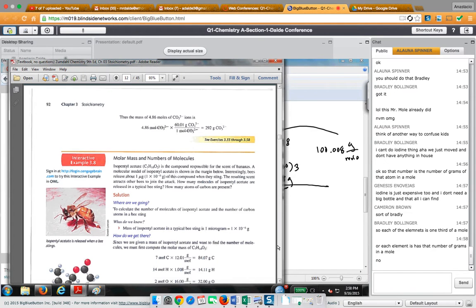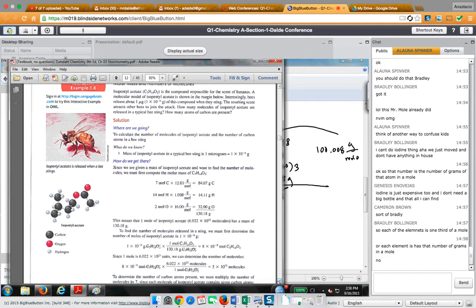All right, let's see. Calculate the mass of a typical bee sting. Oh, okay, this is pretty cool. Isopentanol acetate is a compound responsible for the scent of bananas.